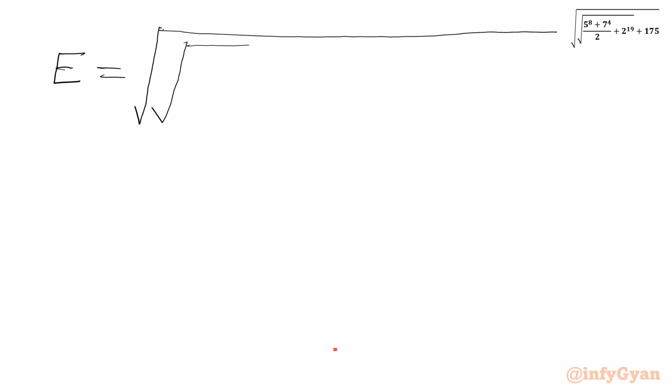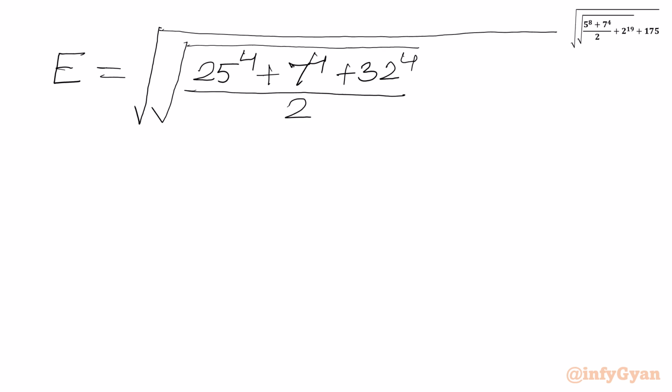I will write E equal to square root of, then we have another square root. Now we will write 25 power 4 plus 7 power 4 plus 32 power 4 over 2 plus 175. We can factor as 25 times 7.